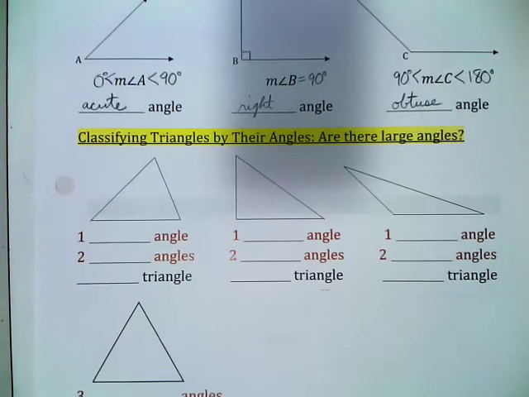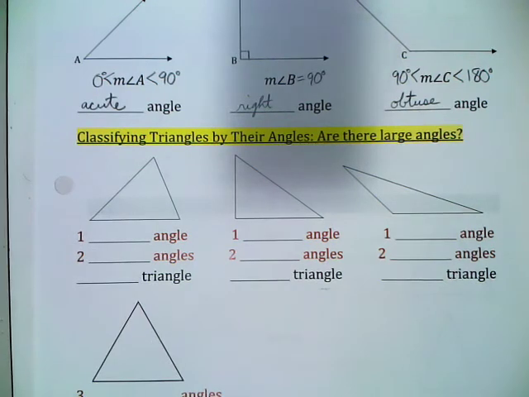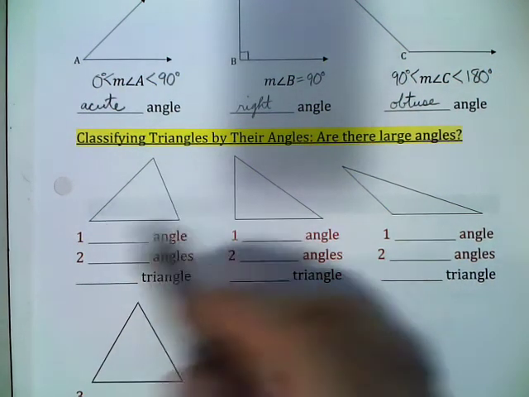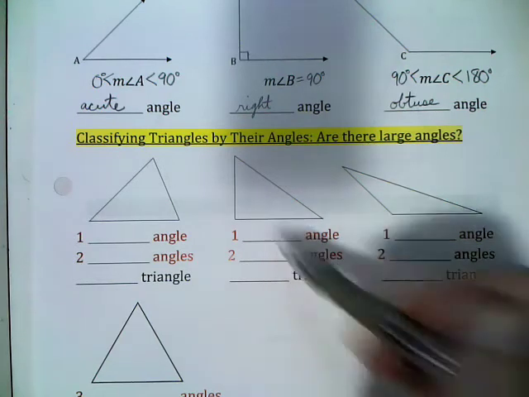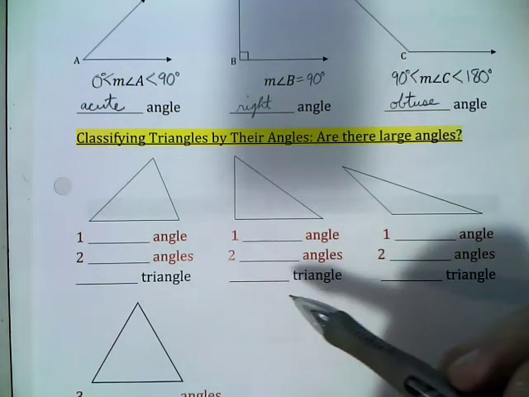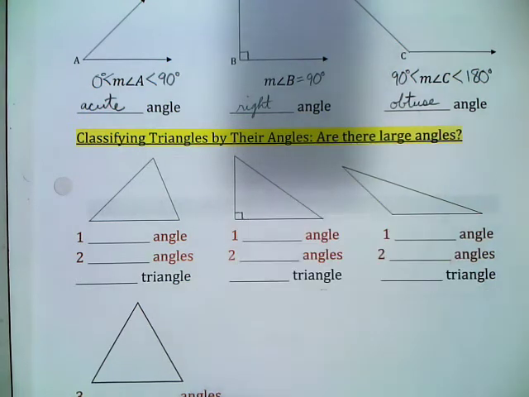So if I look at these three triangles right here, hopefully you're noticing that they have different kinds of angles within them. In fact, your mind is probably drawn to this middle one first here, because if we look at this middle triangle right here, we can see we've got a right angle in there.